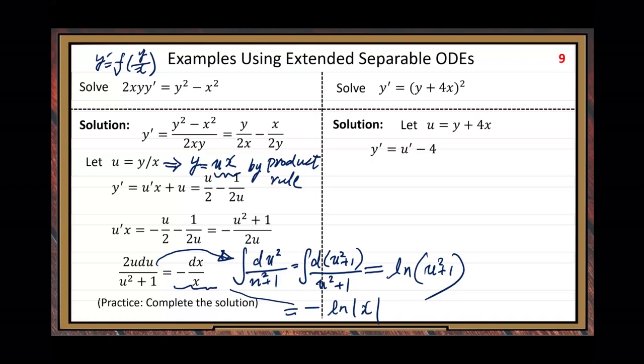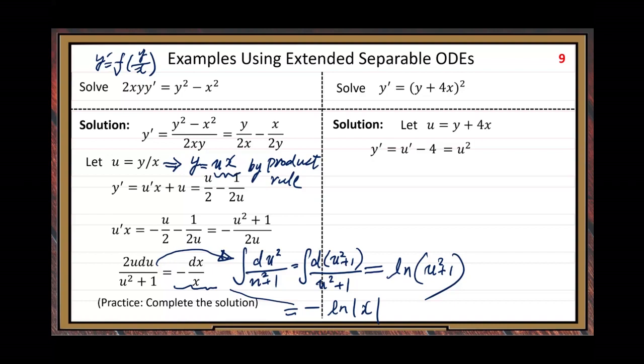Simple algebra here. Then let's go back to the original equation. In the original equation, y prime gives us u squared. Then we can ignore y prime and only work on the new differential equation: u prime minus 4 equals u squared.